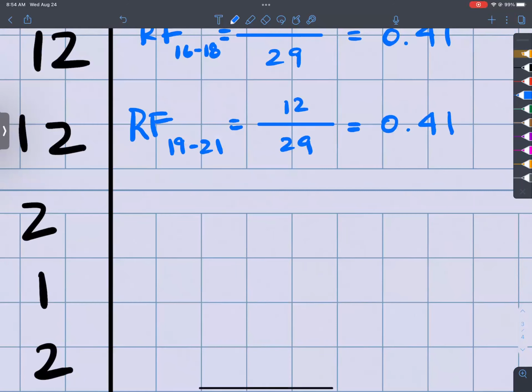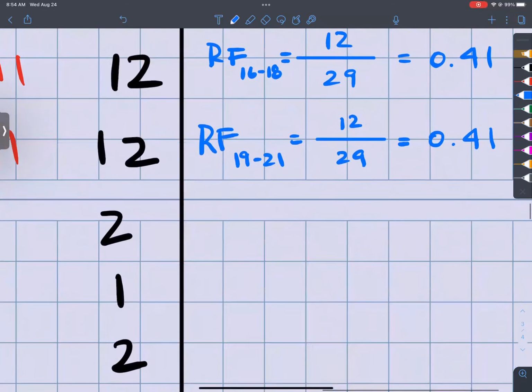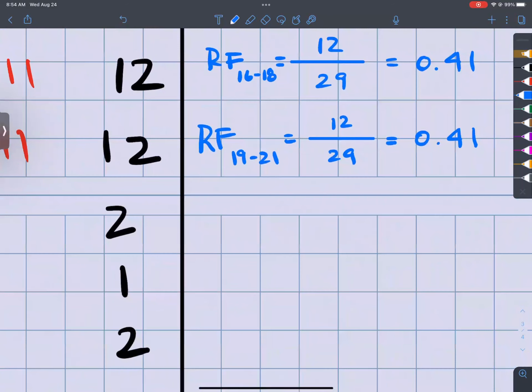I got it. What is that going to give me? Huh? 0.7?